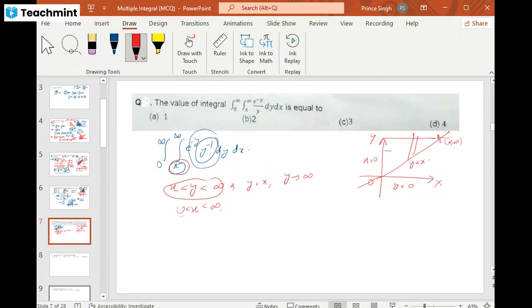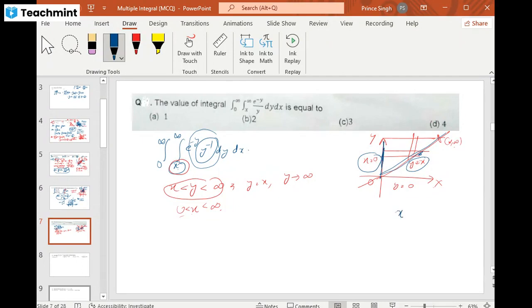Now, if I change the order of integration, we move horizontally. Horizontally, the value of x varies from curve to curve. The value of x started from this line, x equal to 0, and ends at this line. Along this line, the value of x is y.